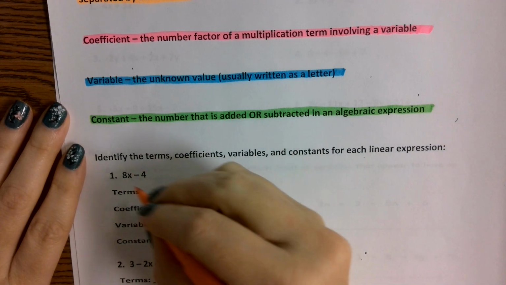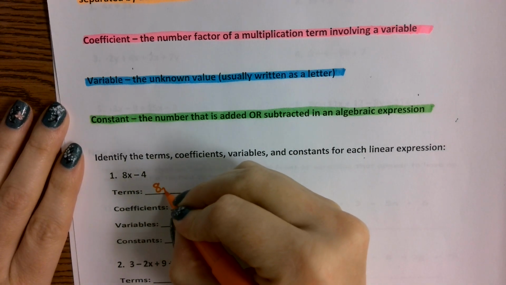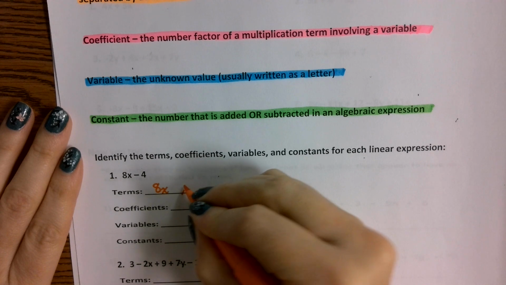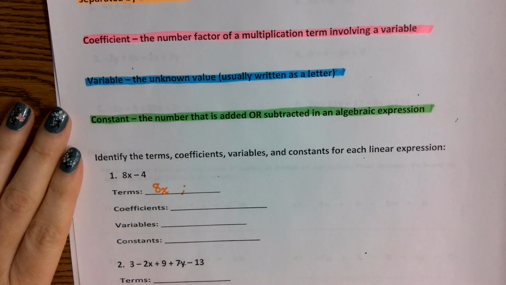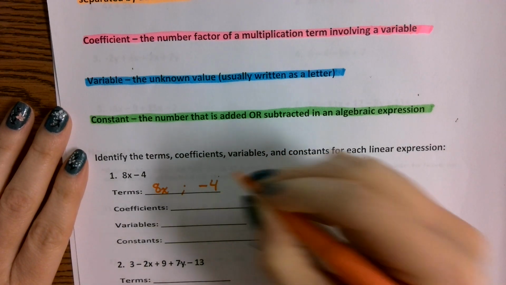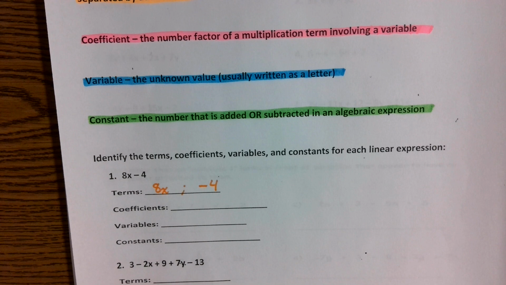So our first term is the entire quantity of 8x. I'm going to put a semicolon to show a separation for my second term. My second term is negative 4. I must include that minus sign with it.